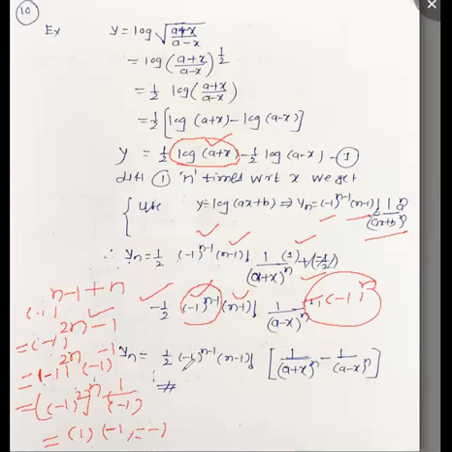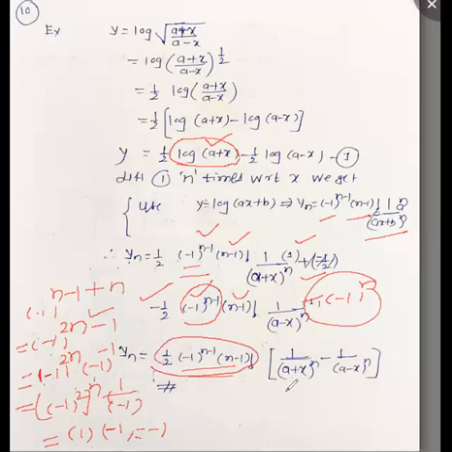So don't take this common. This is a coefficient of 1 upon a plus x raised to n. What is the coefficient of 1 upon a plus x raised to n? This is half, minus 1 raised to n minus 1, n minus 1 factorial.